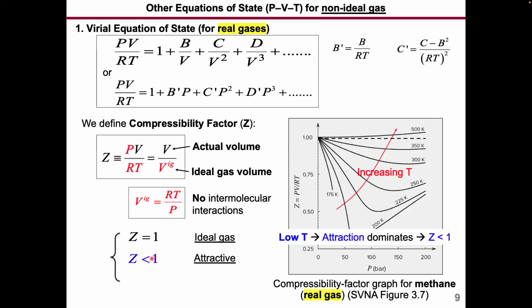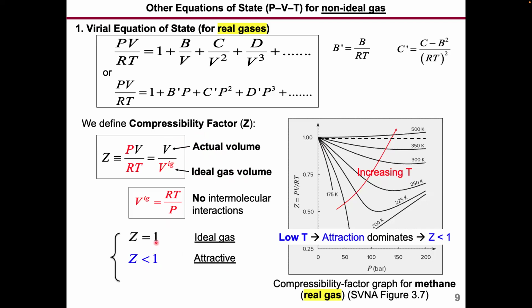Now, if Z is less than 1, that means your actual volume is smaller than the ideal gas volume, right? Like I mentioned, for an ideal gas you have negligible gas particle volume and negligible intermolecular interactions.